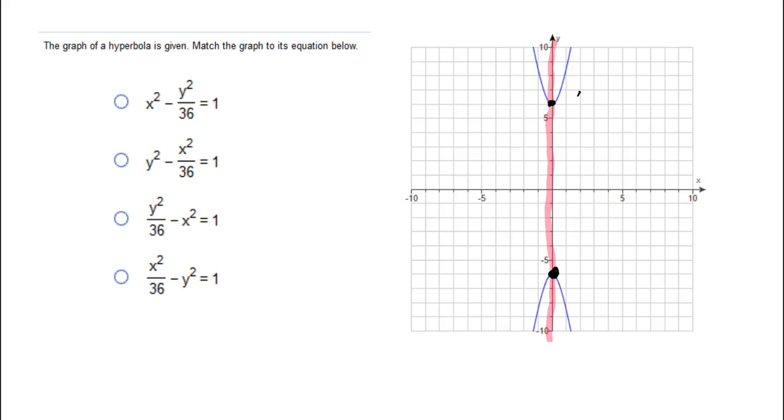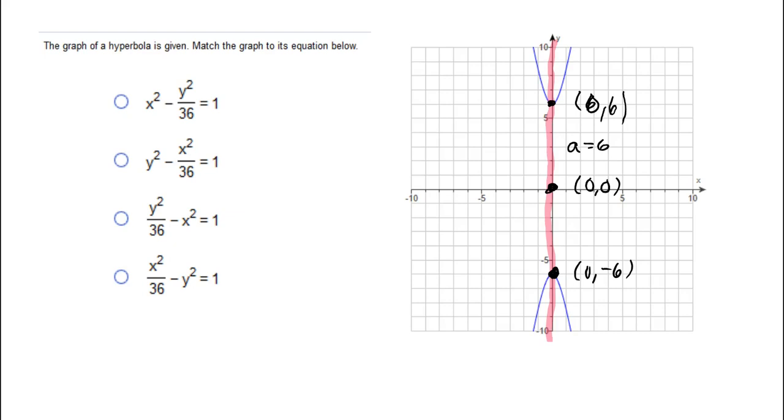I have a vertex at (0, 6) and (0, negative 6), and my center will be at (0, 0). So this tells me that A is equal to 6 because the distance between the center and the vertex is 6. So I'm looking for a vertically oriented equation where A is 6.